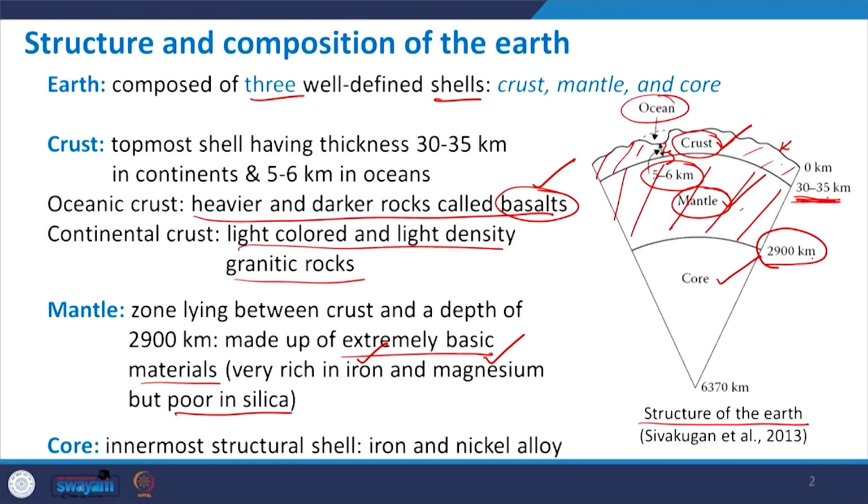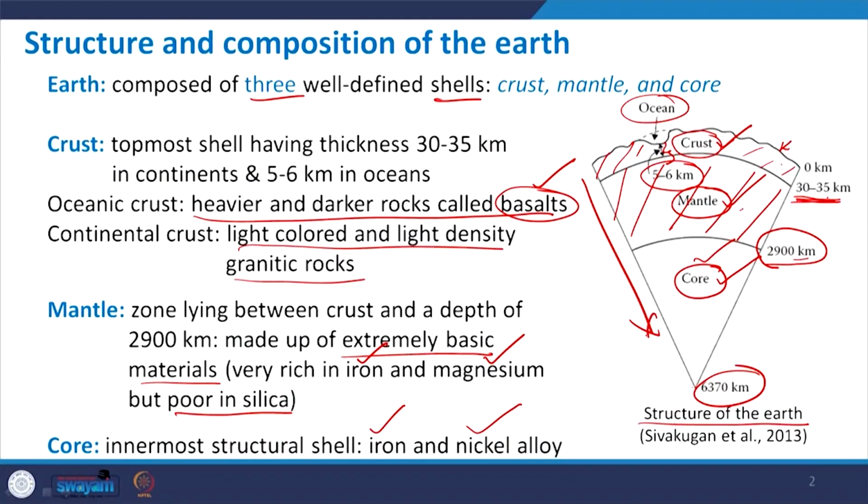Then the last one is the core, which is the innermost structural shell. As you can see, from 2900 kilometers to 6370 kilometers, the center of the earth, is what is called the core. This comprises an iron and nickel alloy.